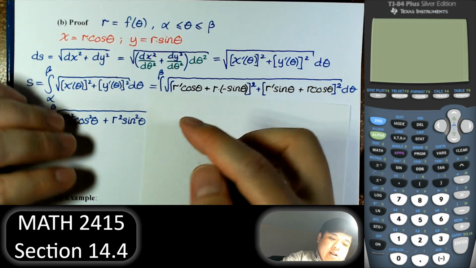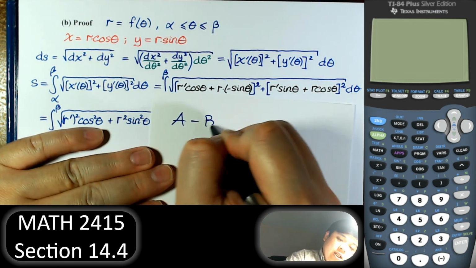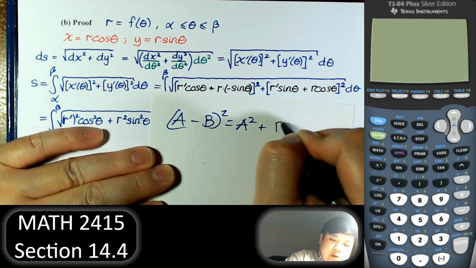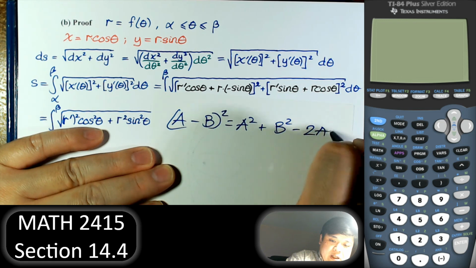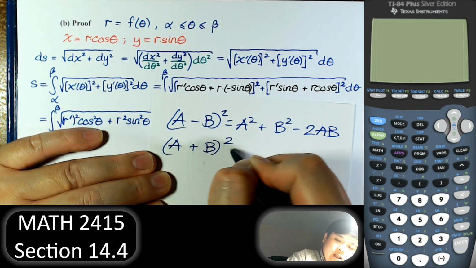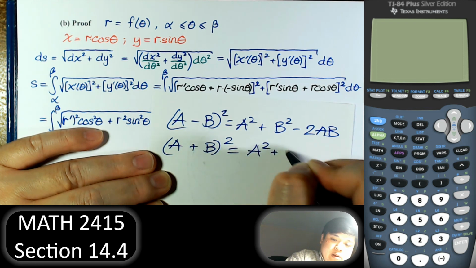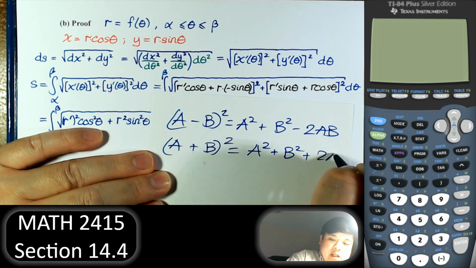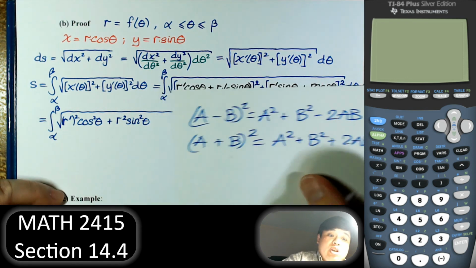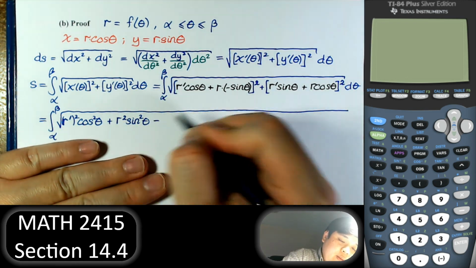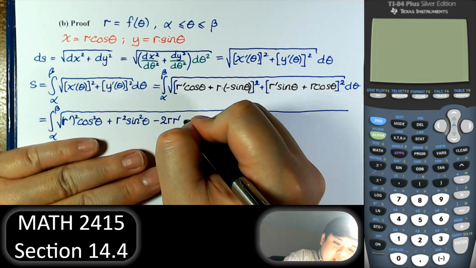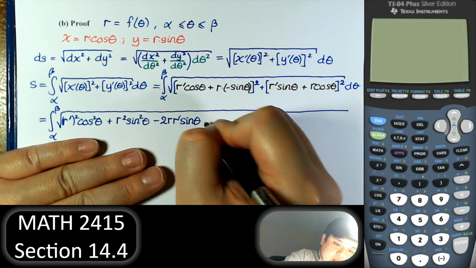So we have a minus b squared, which is a squared plus b squared minus 2ab, and a plus b squared, which is a squared plus b squared plus 2ab. Yeah, if you multiply it out and combine like terms, that's what we have. So that's what we use. Multiply those two, negative 2 r prime sine and cosine.